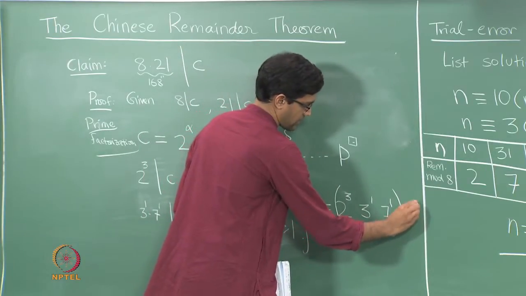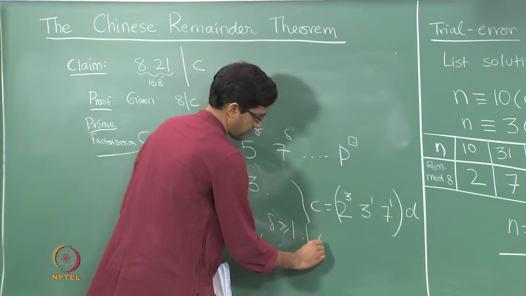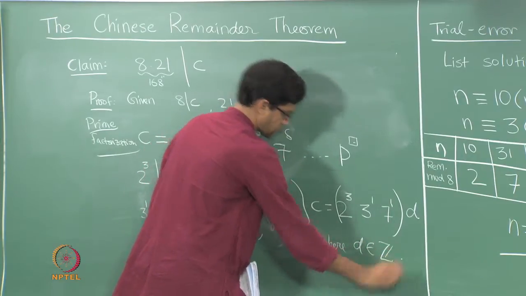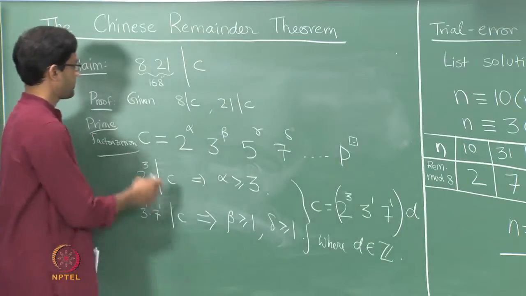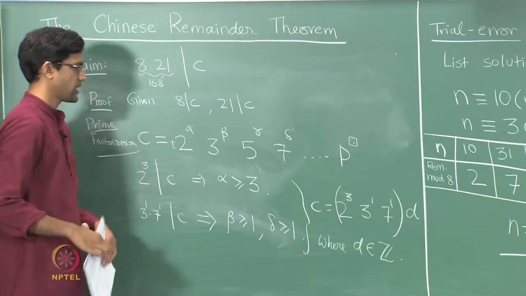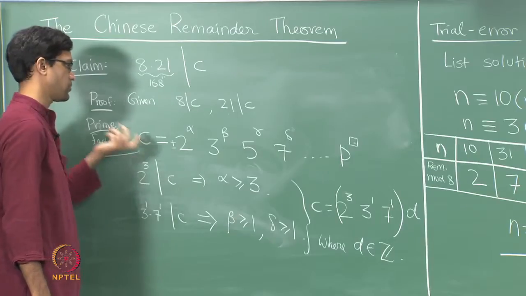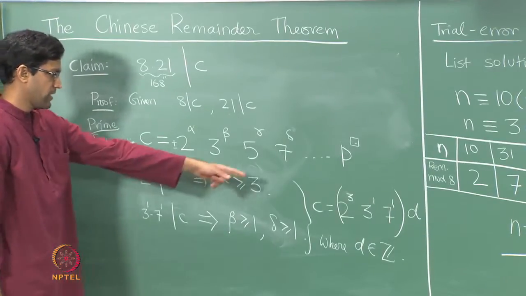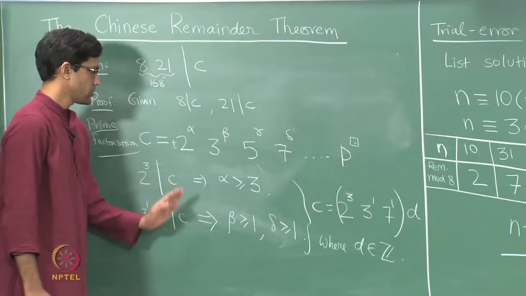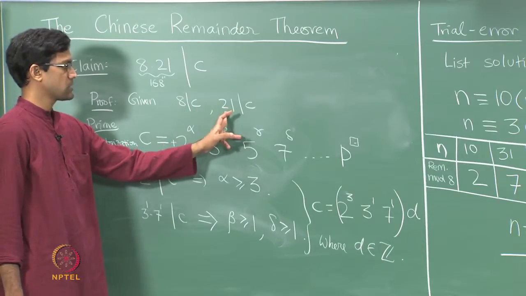So let me say C therefore looks like this times D, where D is some natural number or some integer. Observe I didn't quite assume that C is a positive integer, so it could be a negative number, but that doesn't affect any of the arguments here. If C is negative, I'll just put a negative sign in front, and I'll think of D as being negative. Anyway, the point here is that this is 2 cubed, whereas that involves 3 and 7.